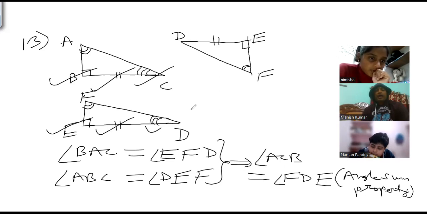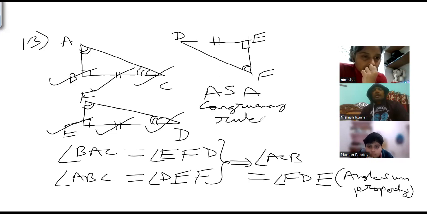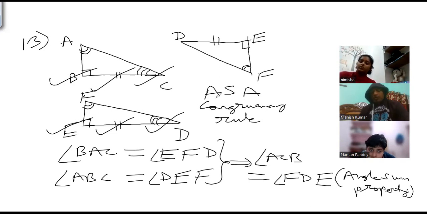So by ASA congruency rule, triangles are congruent. Understood? Any doubt? You can ask. No, sir. Screenshot taken? Taken. Okay, I am clearing this page.